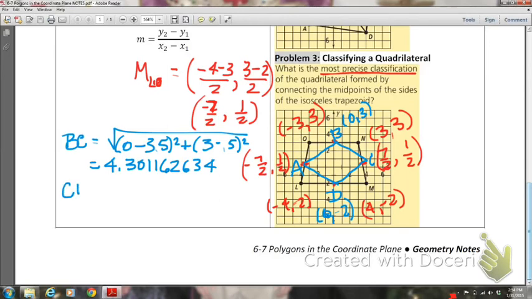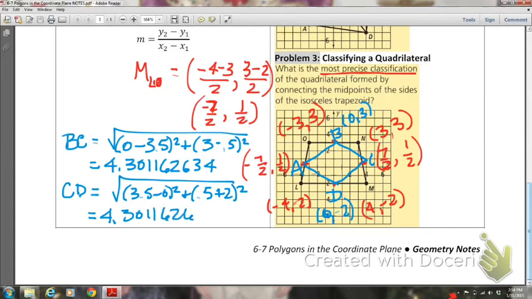Work your way around. CD is the square root of the difference between your x values between points C and D, which is (3.5 minus 0) squared, plus (0.5 plus 2) squared. Put that into your calculator, and you are going to get the same value, 4.301162634.